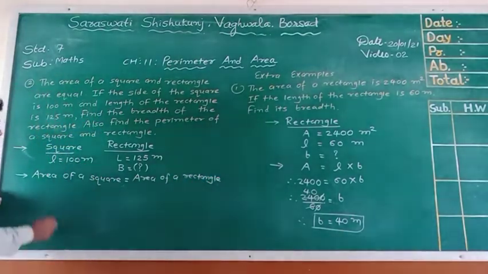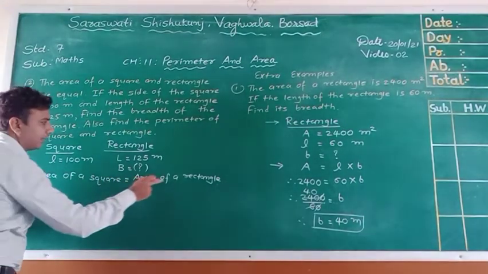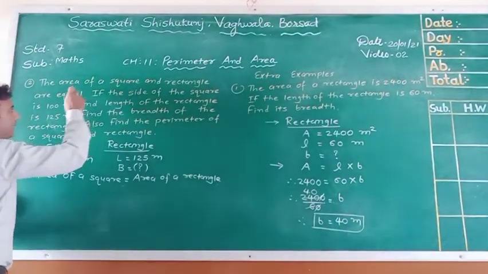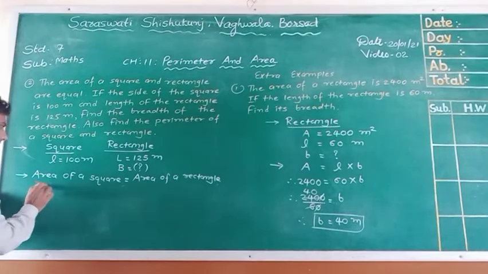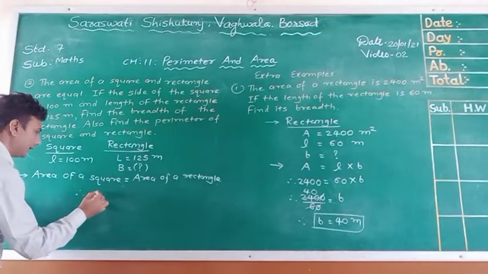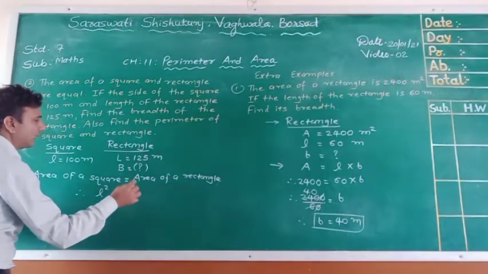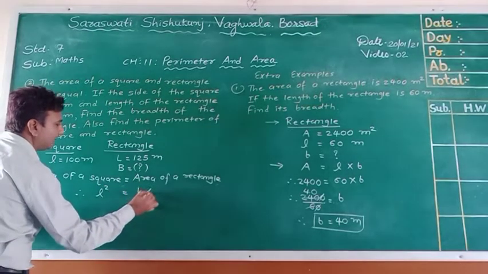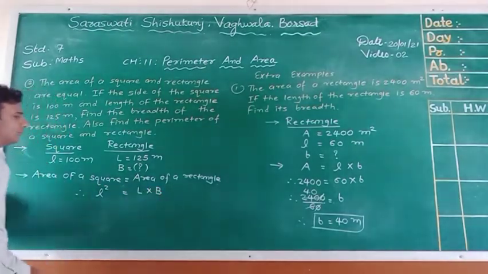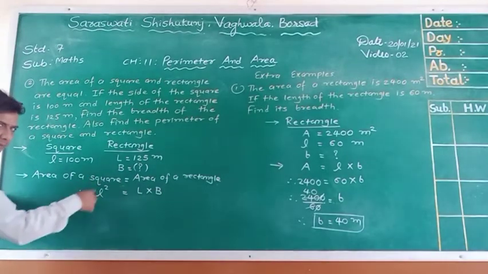Easy, beta. This condition is already given in the question. Okay. Area of a square we know its formula: L square, means L into L, and area of a rectangle means L into B, length into breadth. We will get this formula on both sides.